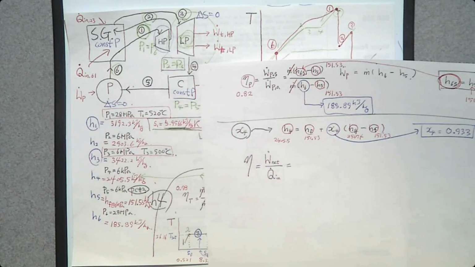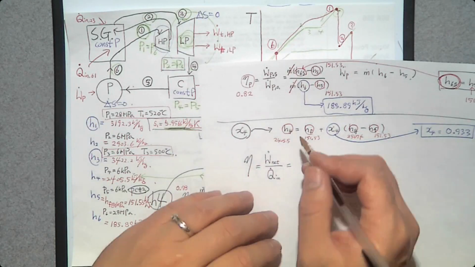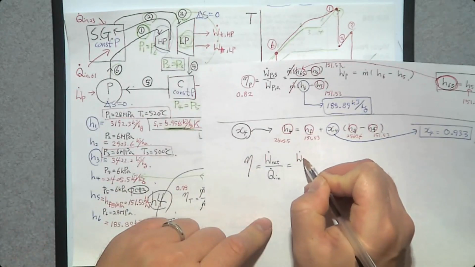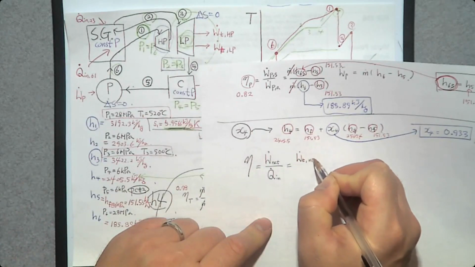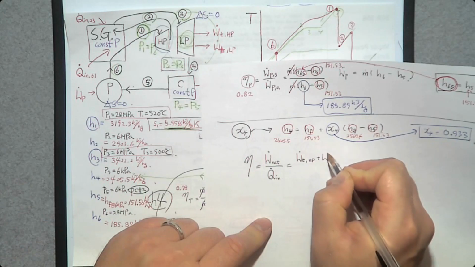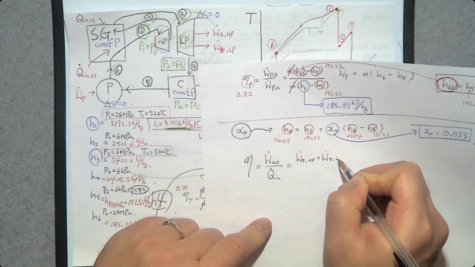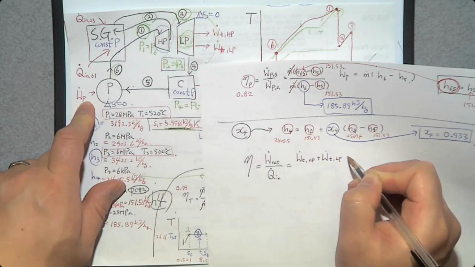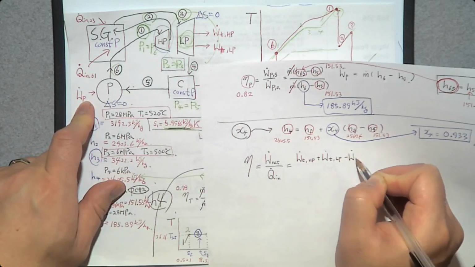The two turbine powers are the ones that we produce, so that's going to be positive. The turbine power W dot T HP plus W dot T LP, and minus, we are going to consume pump power, minus W dot P.